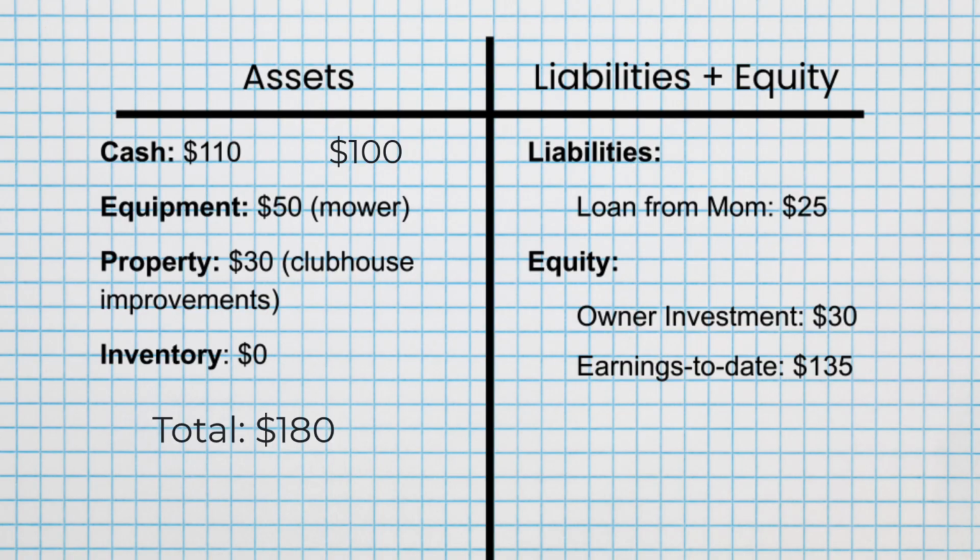We have a loan for $25. But with equity, that $10 cleaning expense will reduce the profit. So that's going to reduce our equity as well. Equity goes from $165 minus $10 to a total of $155. So liabilities plus equity, we have $25 plus $155 for a total of $180. We're back in balance again.